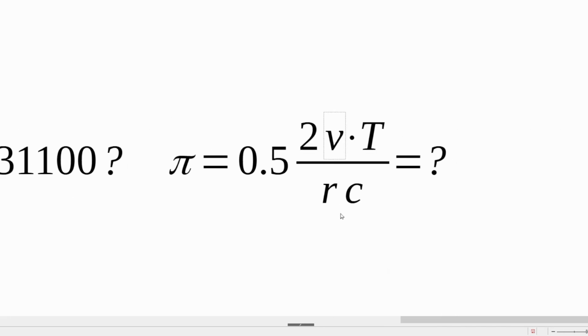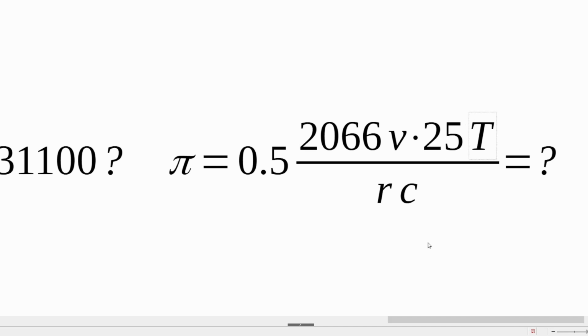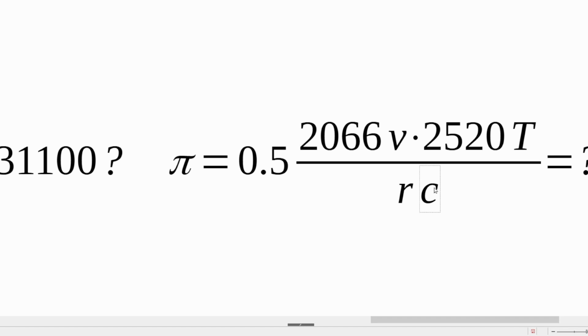We have our speed again. We have our time of 42 minutes, which is just going to be 2,520 seconds. We have this, which is nonsense. And we have a radius from before, 431,100, which will get us a pi of, drumroll please, 6.18.